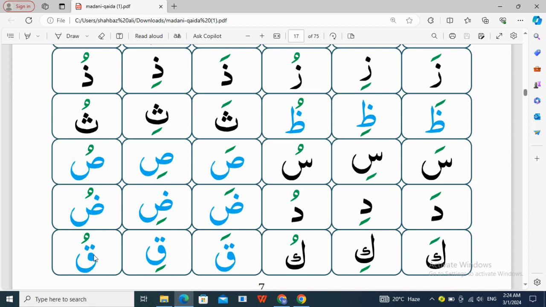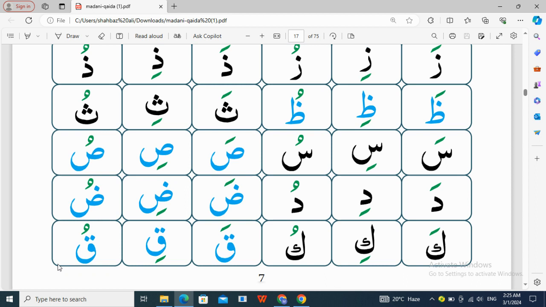The concept of harakat will be in your mind. Sa, si, su. Sqa, sqi, squ. Da, di, do. Da, di, do. Ka, ki, ku. Qa, qi, qu.